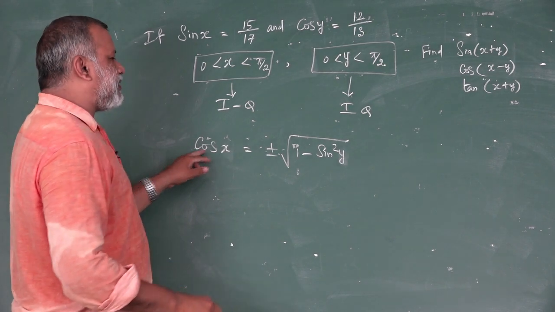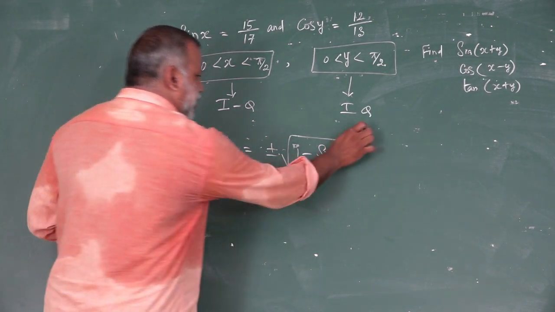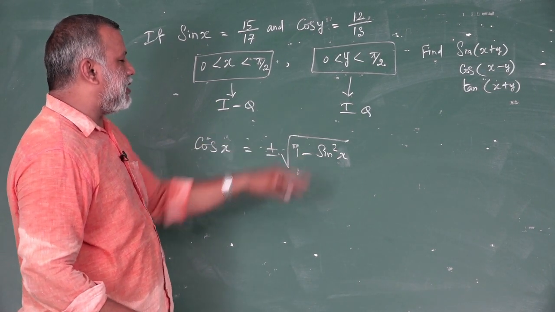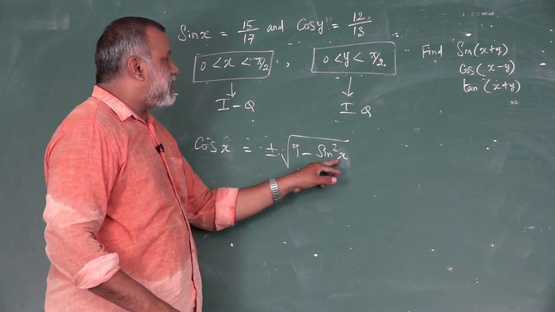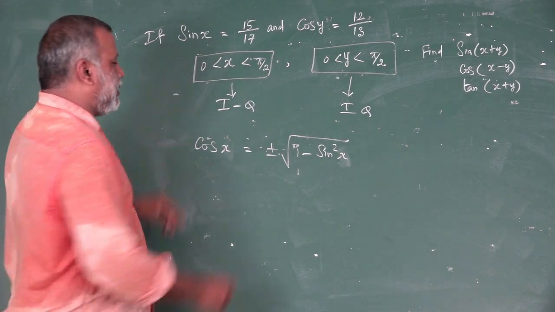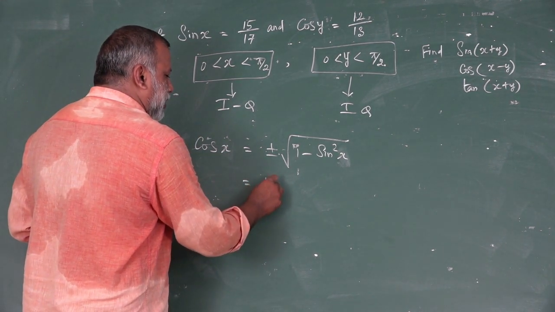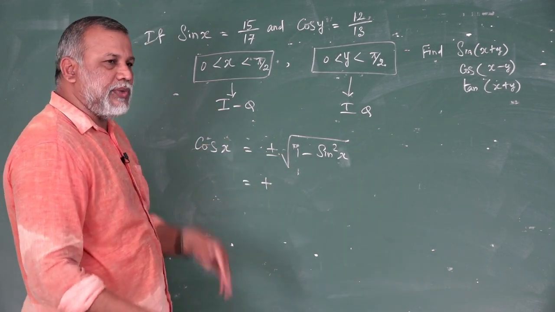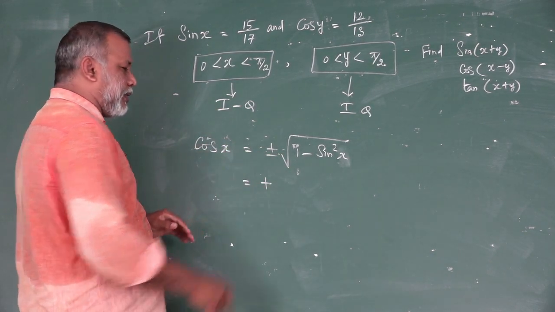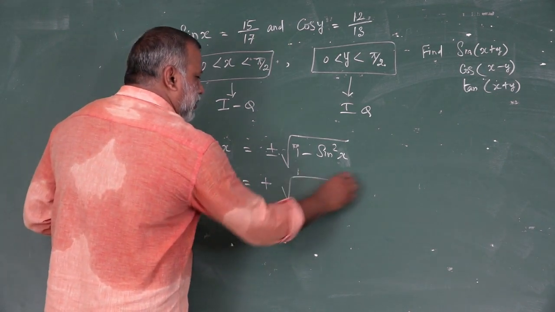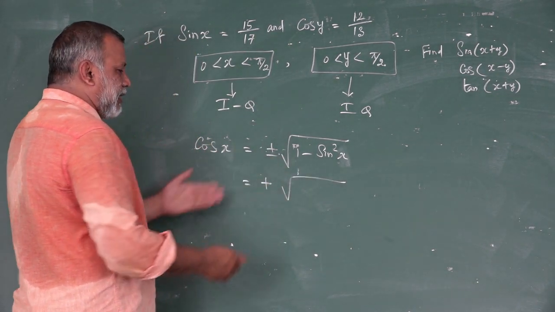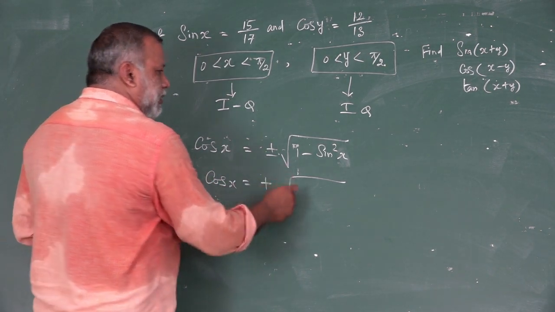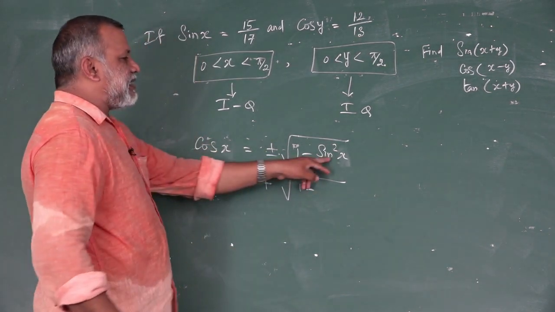That means cos x equal to plus or minus square root of 1 minus sin squared x. Substitute sin x here. Now I am taking plus only. Why? In the first quadrant all are positive, sin family, cos family, everyone is positive. For the formula I am using plus or minus, but this is the resultant. Therefore cos x equal to plus square root of 1 minus sin squared x.